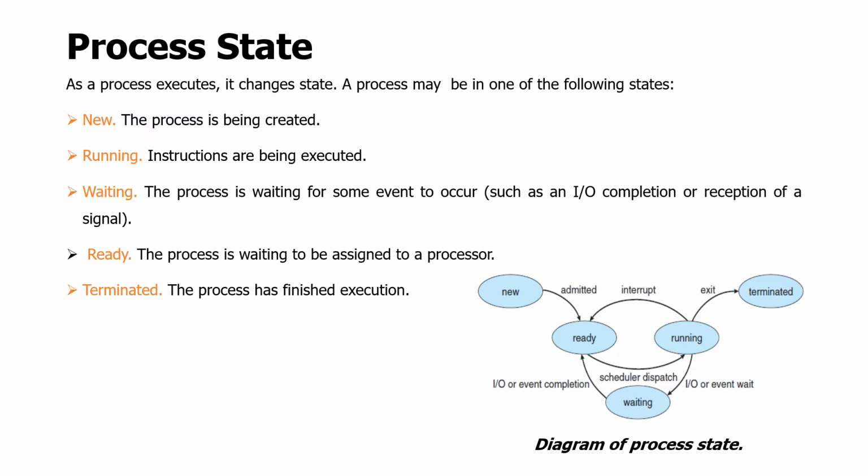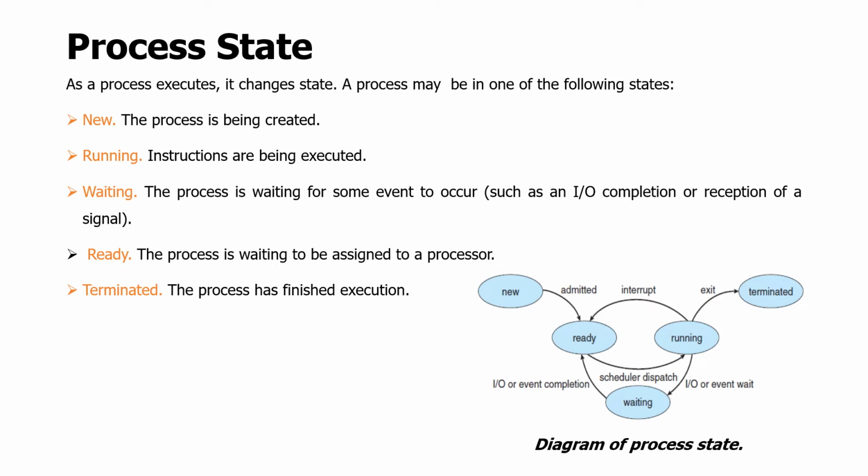The next one we are going to see is process states. When a process executes, it can move from one state to another state. A process can be in any one of the following states.